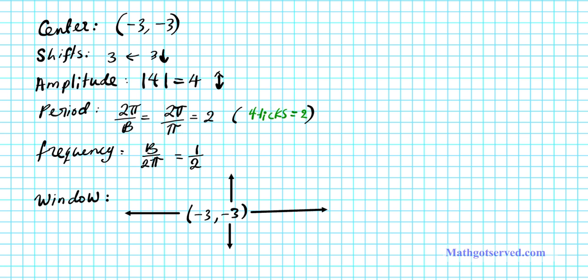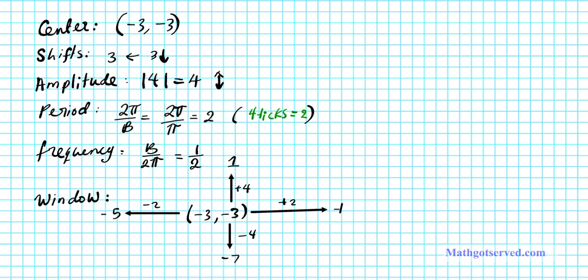So 4 up, 4 down, and then a period plus 2 to the right, and then a period minus 2 to the left. And we go 4 up, that takes us to 1. We go 4 down, that takes us to -7. 2 to the right takes us to -1, and then 2 to the left takes us to -5. So this is what our setup is going to look like.